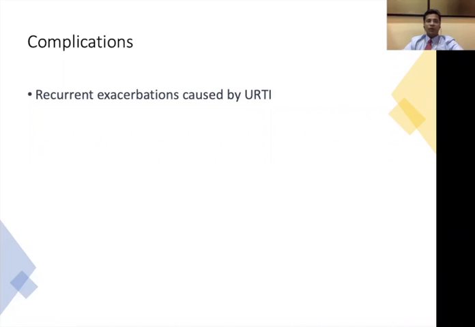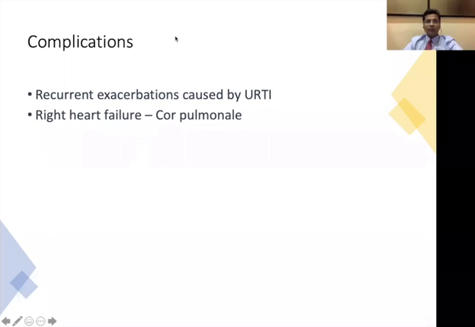So again, it's important to prevent upper respiratory tract infections, because this complication, recurrent exacerbations, can push a patient with COPD into respiratory failure. Right heart failure due to pulmonary disease, not only COPD, there are other chronic lung diseases that cause right heart failure. This condition is called cor pulmonale.